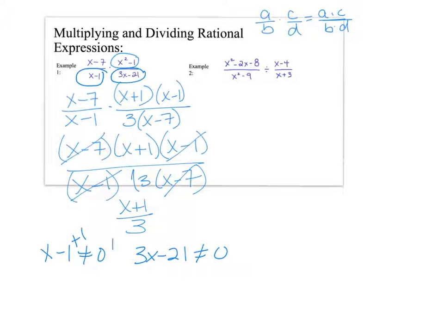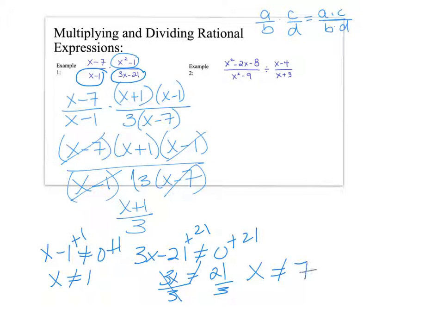I'm going to add 1 to either side for this one, and that means x can't equal 1. And then I'm going to add 21 to both sides here. That leaves me with 3x is equal to positive 21. Divide both sides by 3, and x can't equal 7. So my answer for my simplification is going to be x plus 1 over 3, where x cannot equal 1 or positive 7.